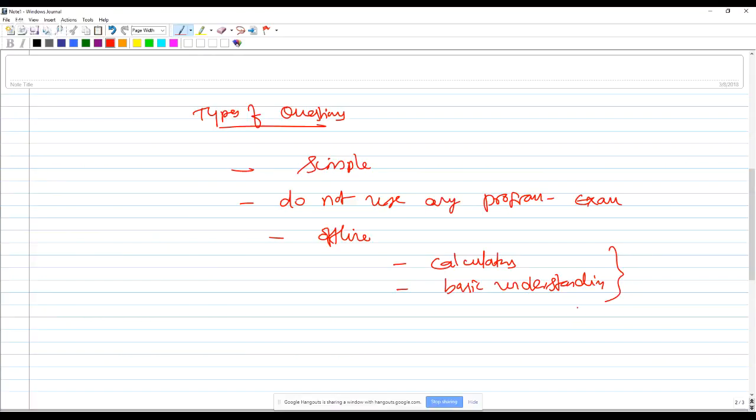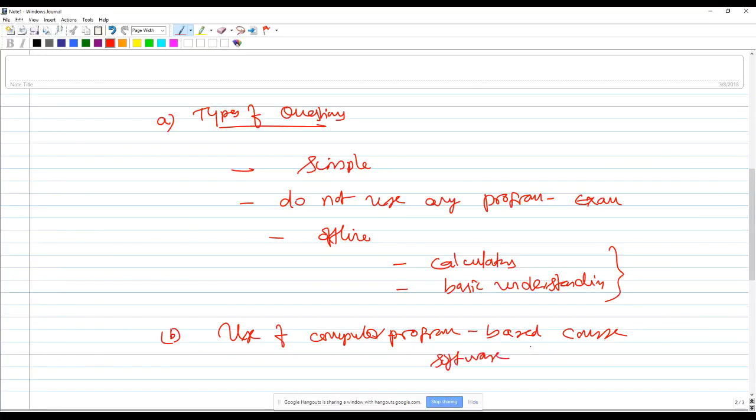Friends, there is a common question which is again asked by many participants. What is the use of a computer program based course when software exists for solving such problems? That's a very interesting question.